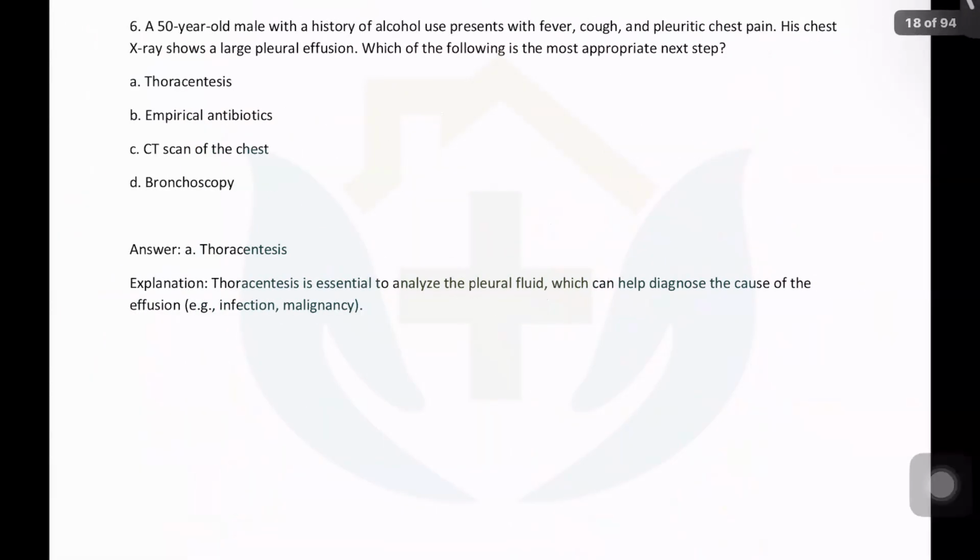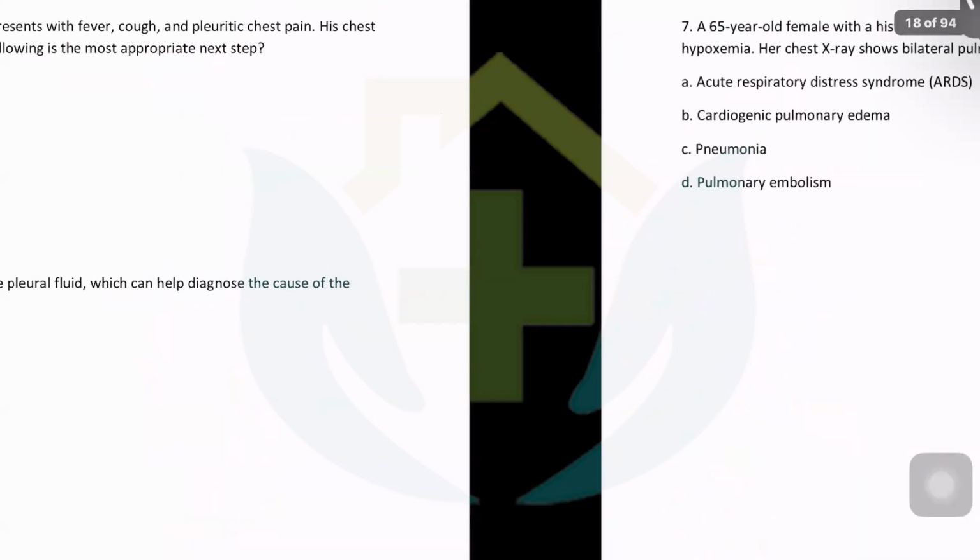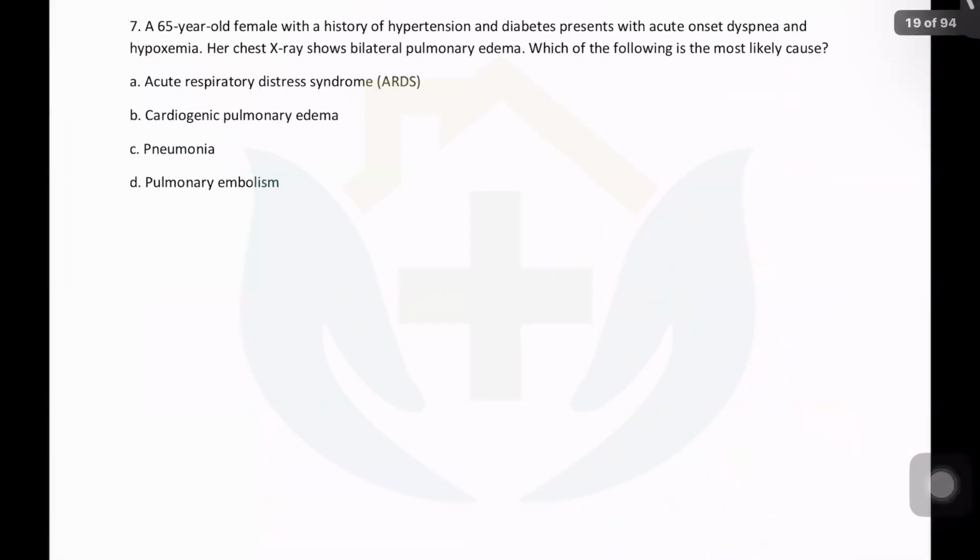Thoracocentesis is essential to analyze the pleural fluid, which can help diagnose the cause of effusion also. Many times, for example in SLE, the patient will have fever. It is only that the data says the patient is alcoholic that we got carried away that this is empyema.